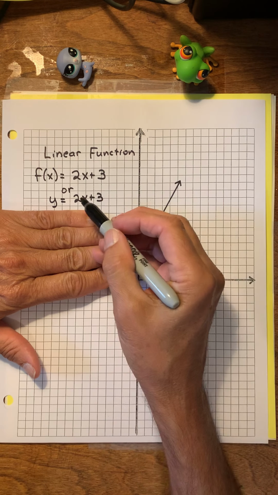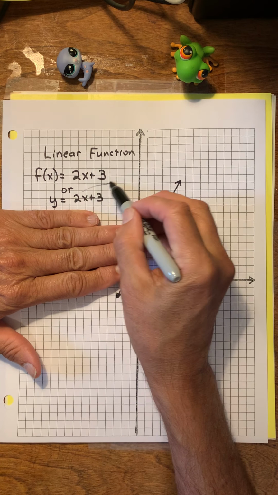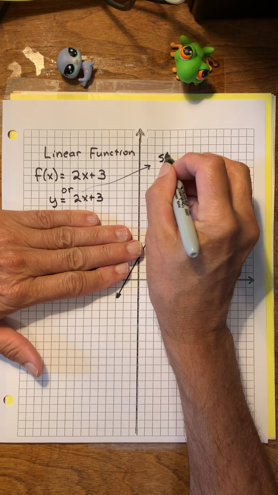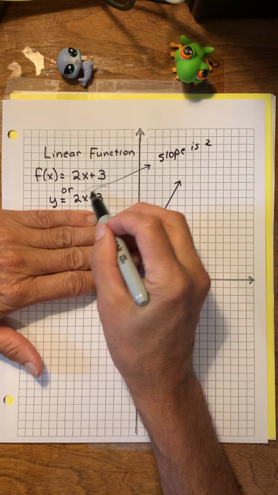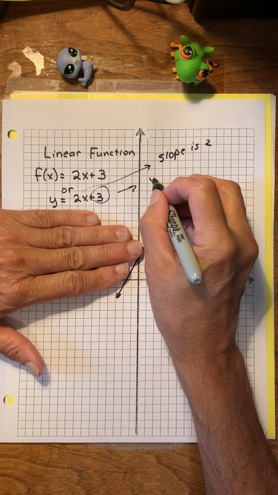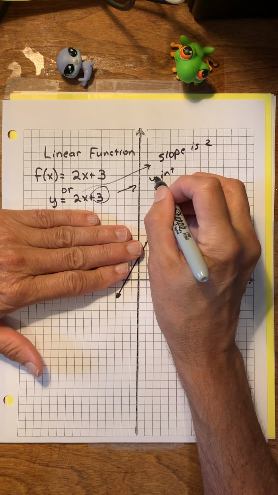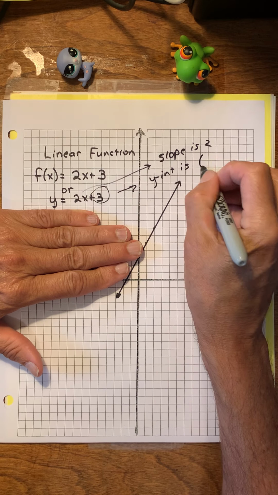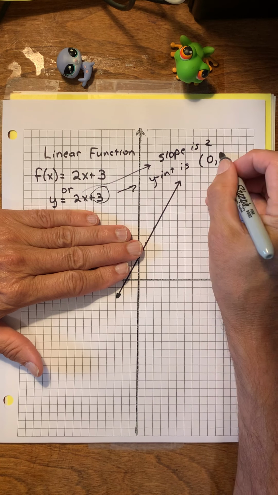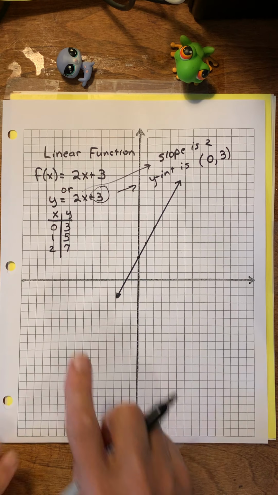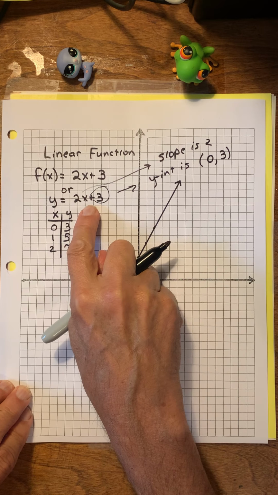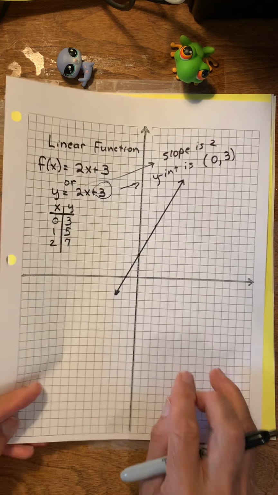For instance, the slope of this one is 2, and the y-intercept is (0, 3). No surprise, the y-intercept is (0, 3). So I can look at a linear function like this and tell some important things about it.